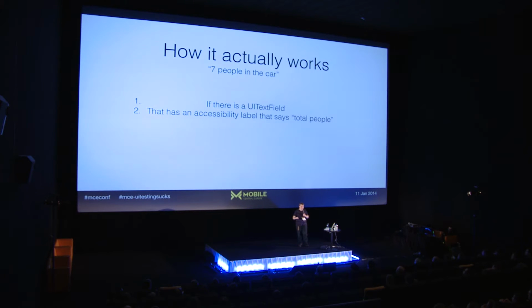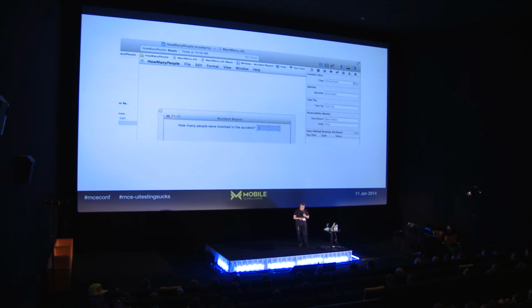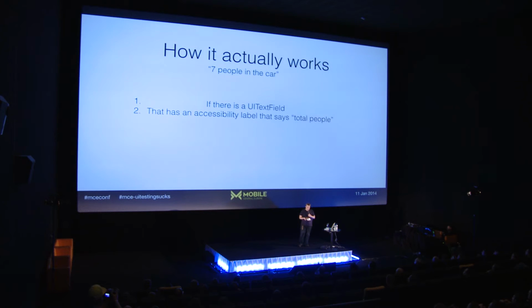Because our test infrastructure needs to know what field you're going to operate on, and it needs some machine readable identifier that it can find. So that's what's used on iOS. And it's right there in Interface Builder. So that's where you type it in, create your field. And the user types in 7, and that's it. That should be really simple, right?